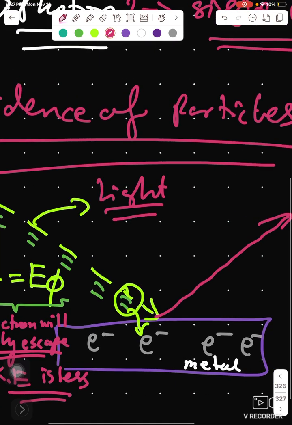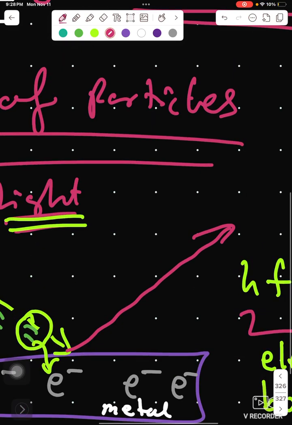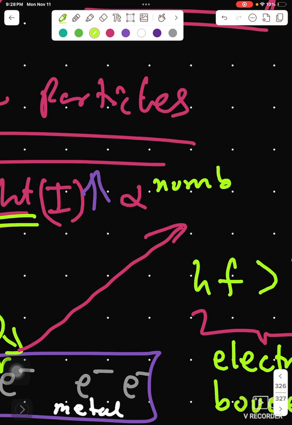And one more thing, an increase in intensity increases the number of electrons released.